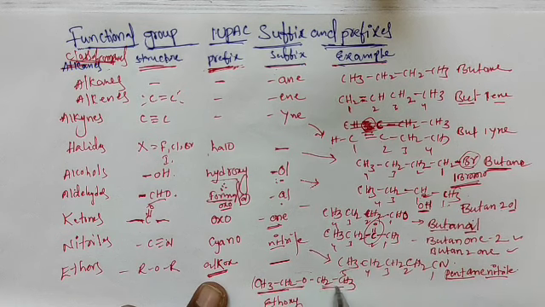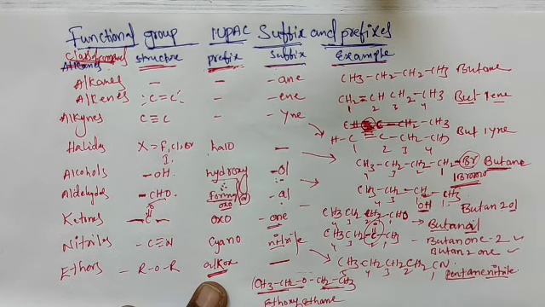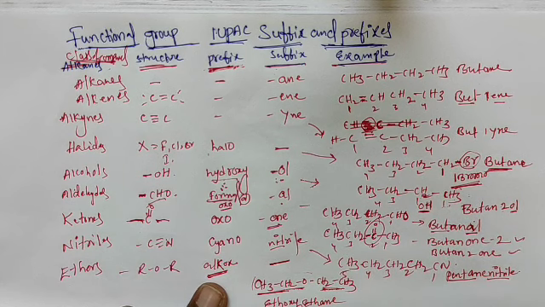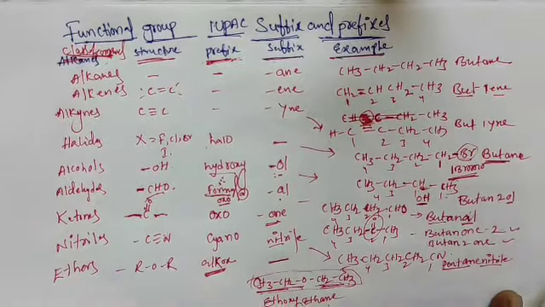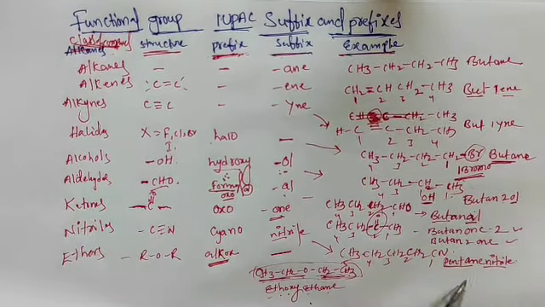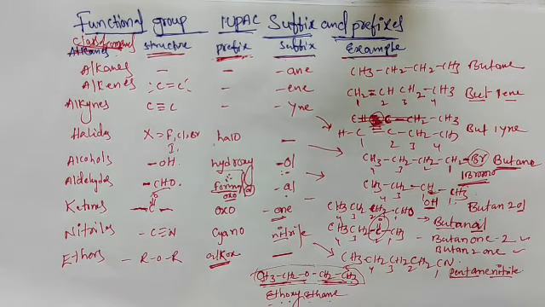The remaining 2 carbons we give ethane. So ethoxy ethane.